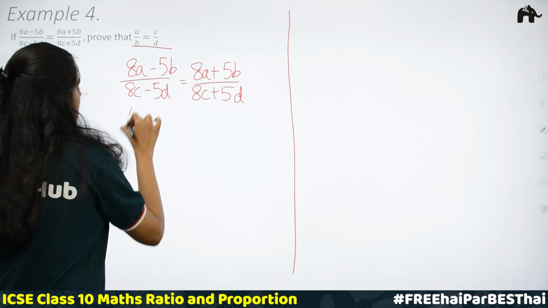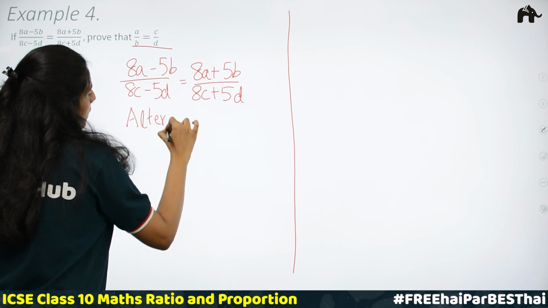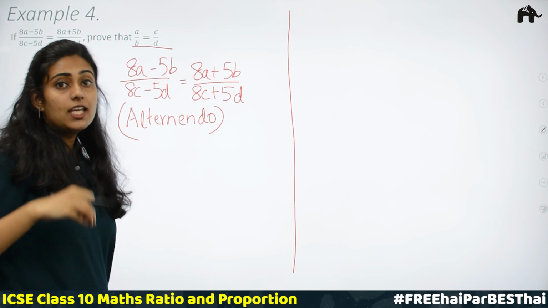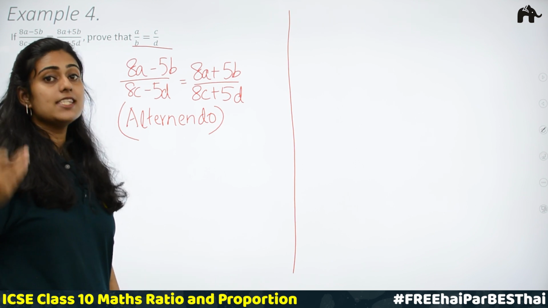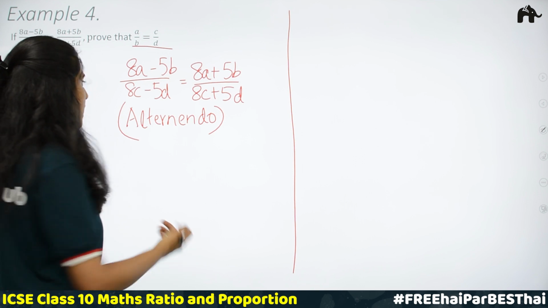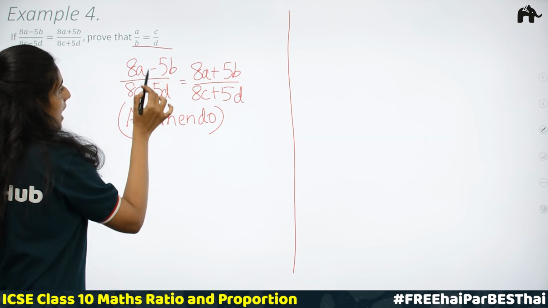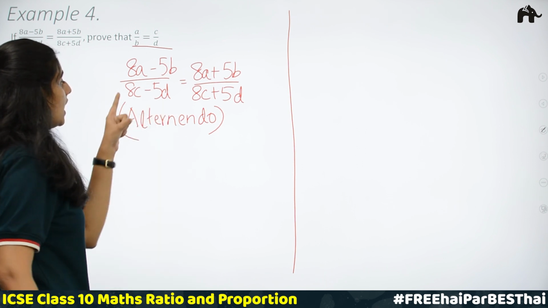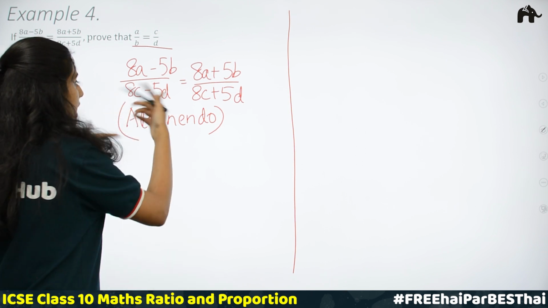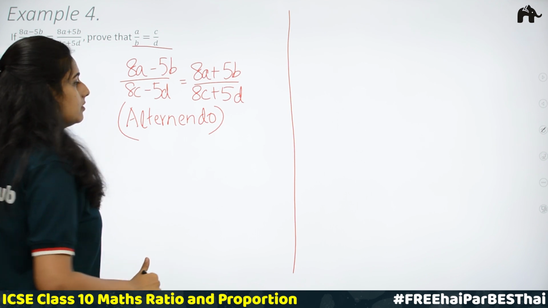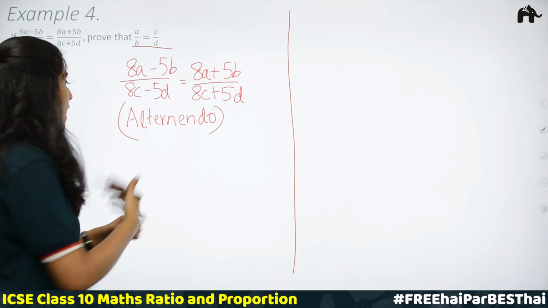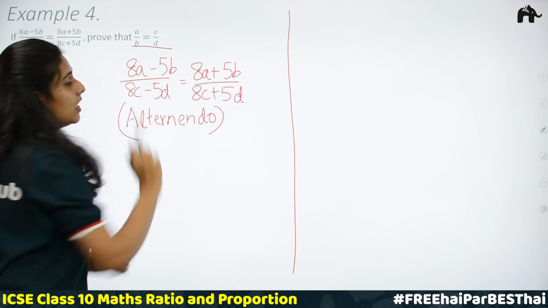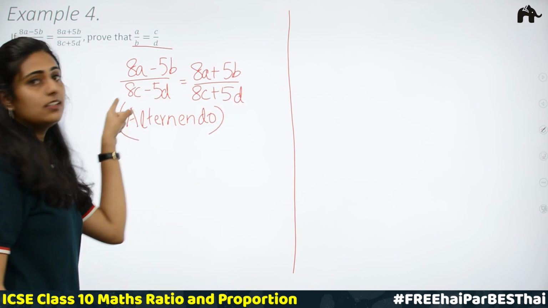For that I am first applying the alternando property. What was alternando property? a by b is equal to c by d implies a by c is equal to b by d. Here in the place of a we have 8a minus 5b, and in the place of b it is 8c minus 5d. By applying the alternando property, we can bring this 8a plus 5b to the denominator, that is in this position.